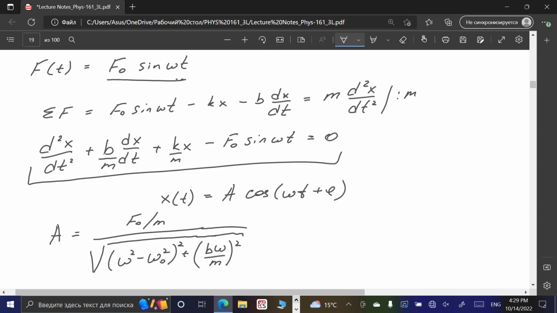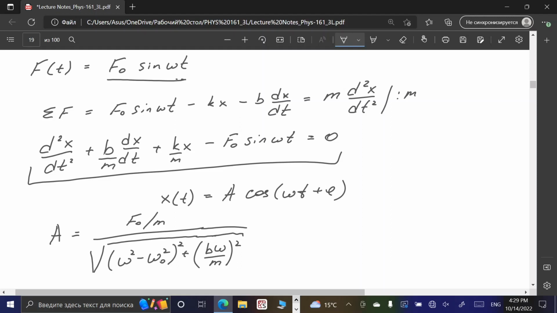So it means that this solution we get is for a steady state condition. No matter what is the property of the block-spring system, it can be any. The resultant steady state oscillation, the forced oscillation, will be with the same frequency as the external force, because that is the dominant factor which will define the frequency of this oscillation.